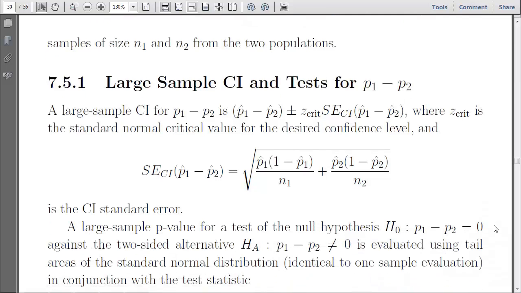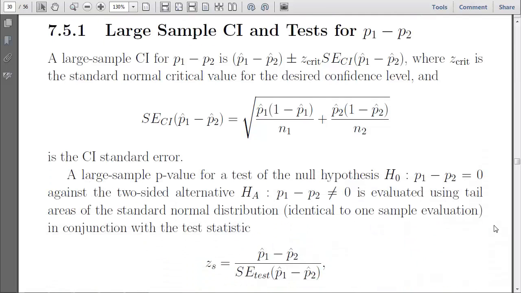The formulation of confidence intervals and hypothesis tests are similar to previous sections in this chapter. In this case, where we're interested in the difference between population proportions, we're going to estimate that difference.